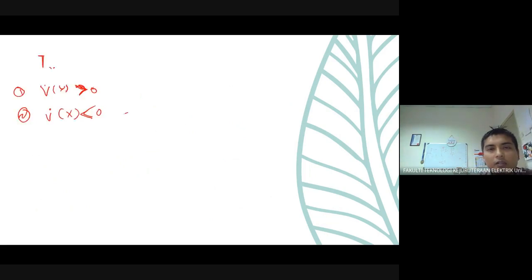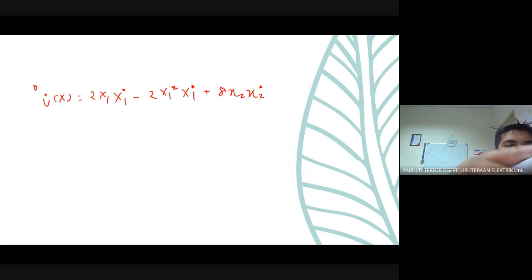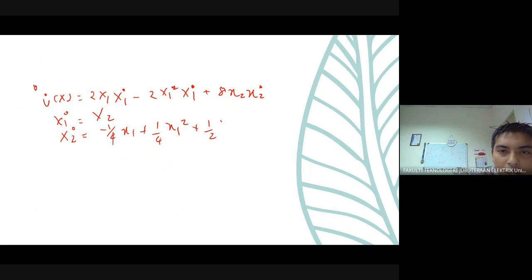Okay, we need to confirm again. Right. So also we know that x1 dot equal to x2 and x2 dot equal to minus 1 over 4 x1 plus 1 over 4 x1 square plus 1 over 2 x2. So these two things we obtain from this one.